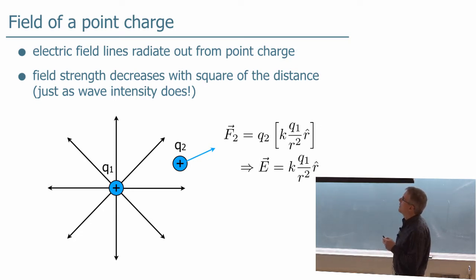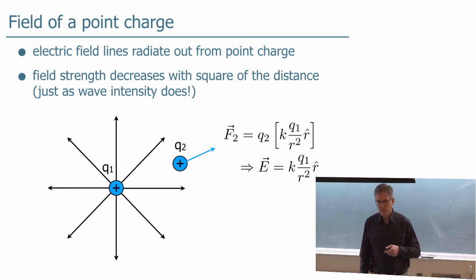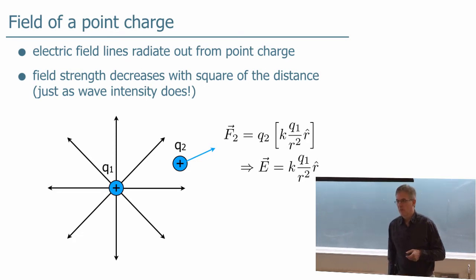Now the strength of it is dropping off like 1 over r squared. And you recall that with a point source of waves, as you got further and further away from a point source of waves, the intensity of those, the amount of energy per unit area carried by the wave, was also dropping as 1 over r squared. This is sort of a feature of three-dimensional geometry, that things like this drop with 1 over r squared.